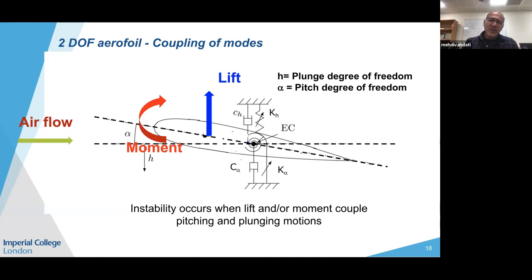In these scenarios, you create a lift due to the plunging motion as the blade goes up and down. But as you saw before, for an unstalled blade, this is always against the motion. What happens in such a scenario is that the pitching motion also gives you an extra lift, and that extra lift becomes in phase with the plunging motion and causes the blade to flutter.